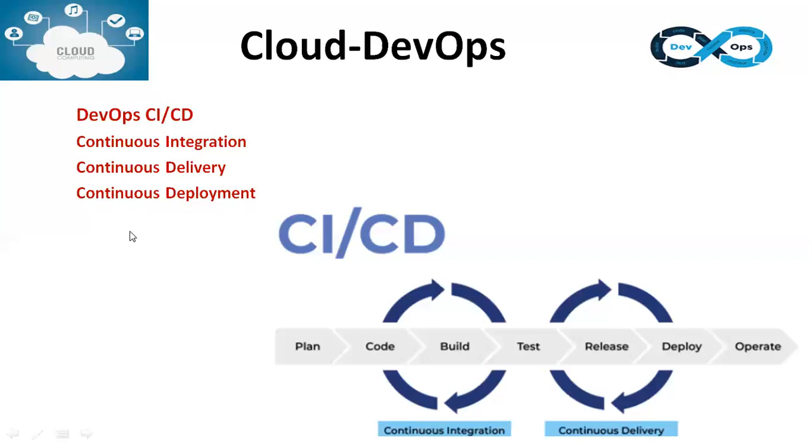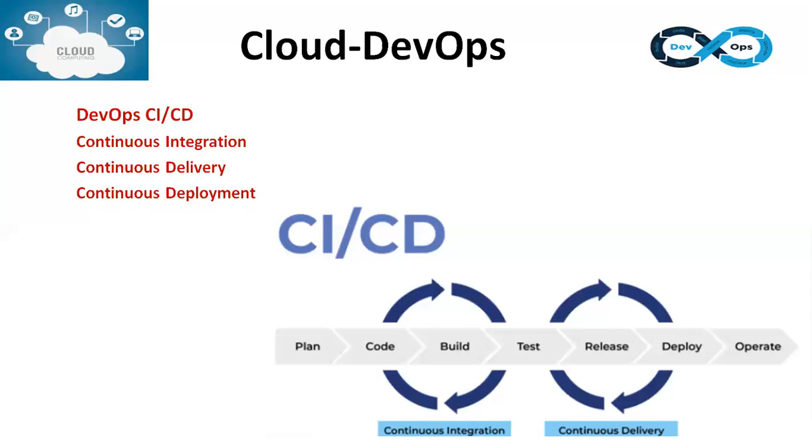Let's go into the discussion of what is continuous integration, continuous delivery, continuous deployment. As in the picture, you can see only two terminologies: continuous integration, continuous delivery. Continuous integration means where people are doing their code development on a daily basis.